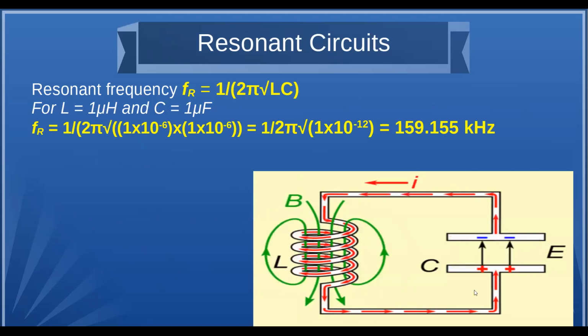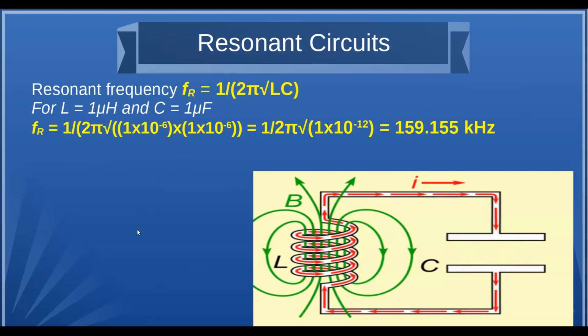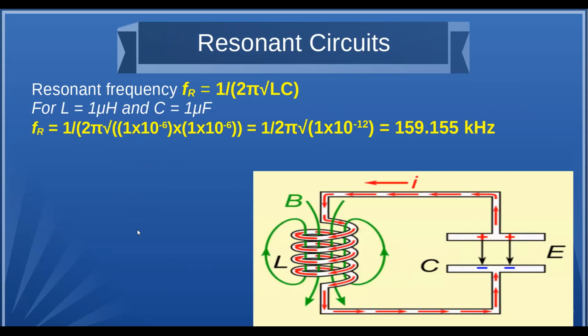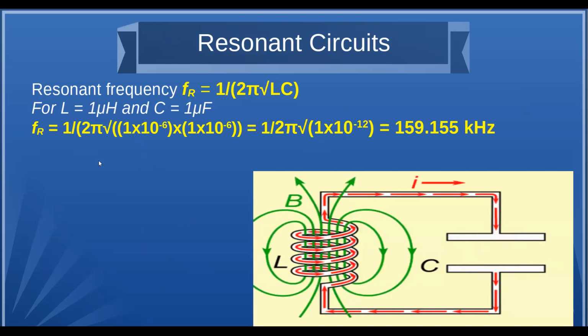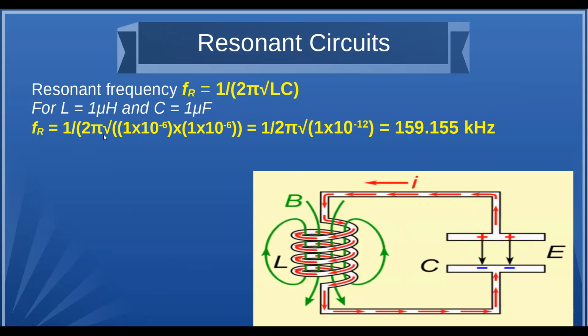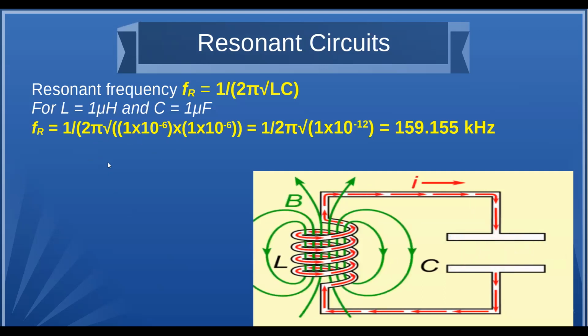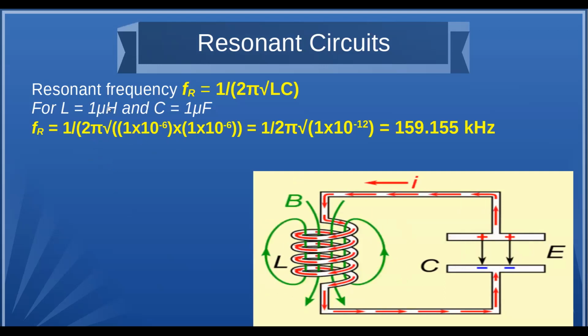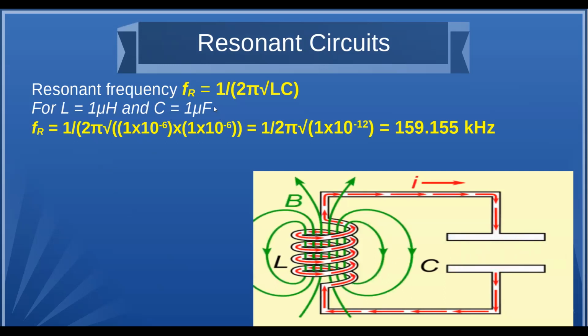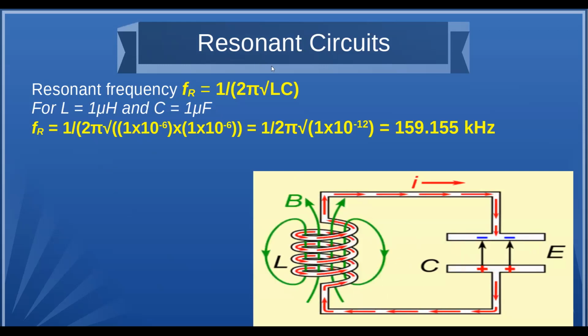And this little animation is showing the energy going back and forth between a magnetic field and electrostatic field. So this was just an example. If I had a 1 microhenry inductor and a 1 microfarad capacitor, what would the resonant frequency be?